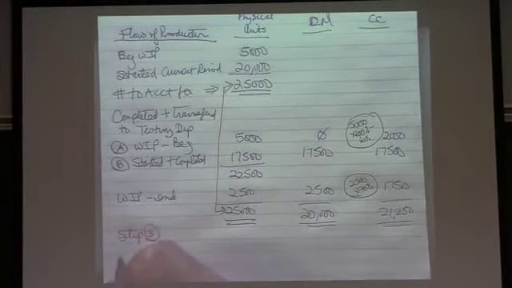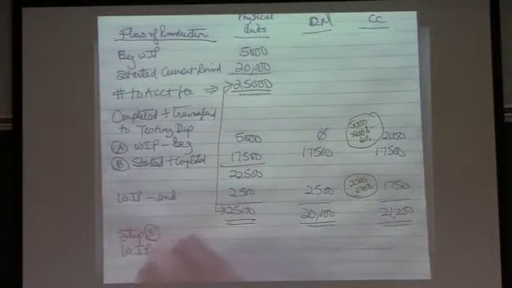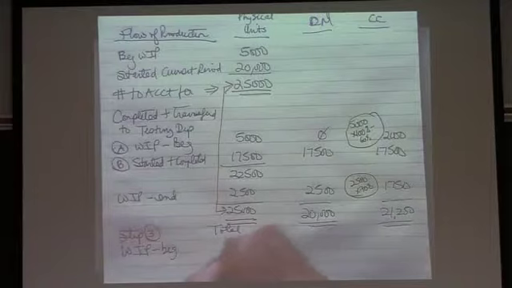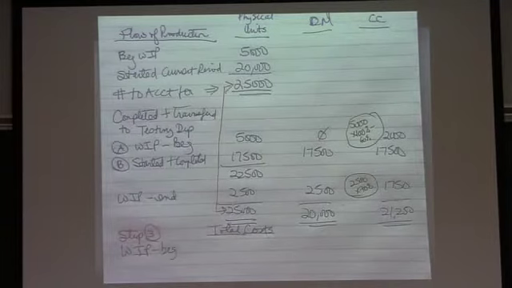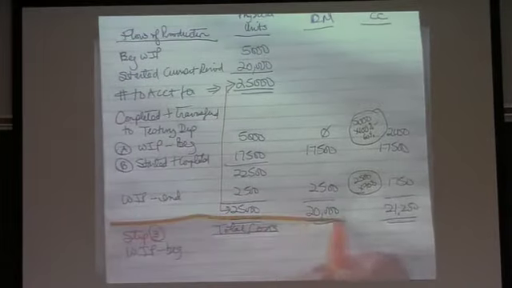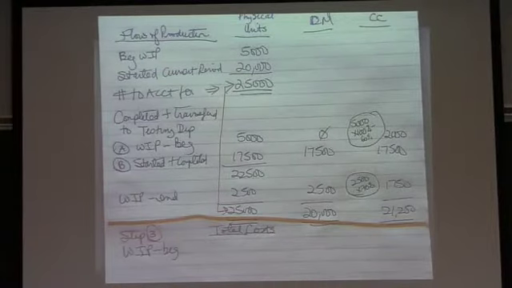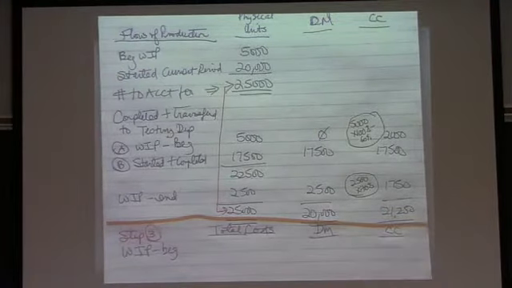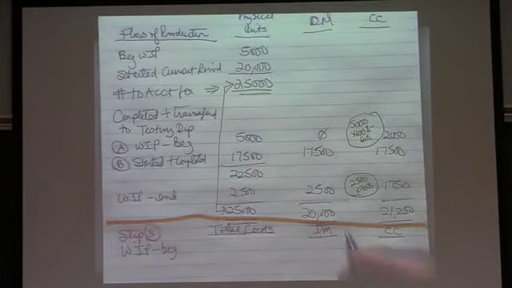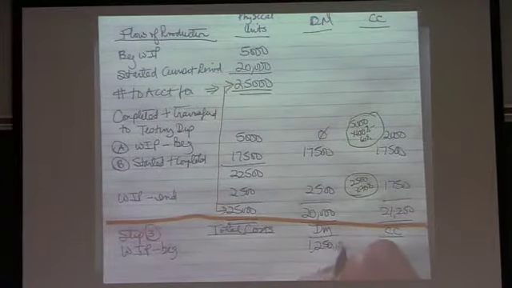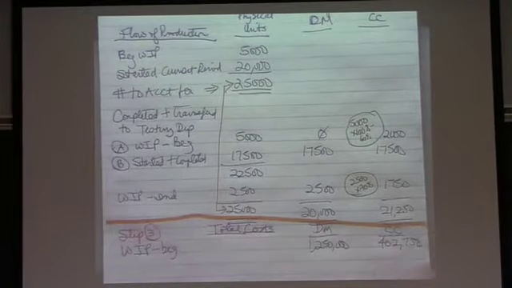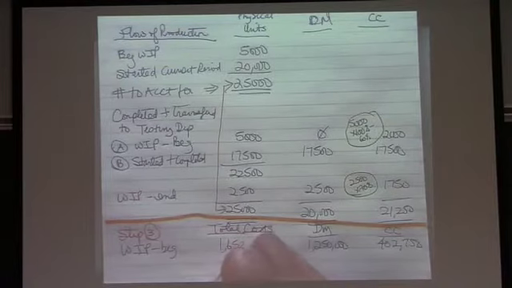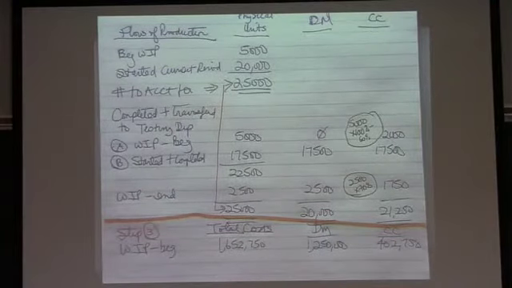So we know that the beginning work in progress had direct materials, given to us, of 1,250,000. Conversion cost of 402,750. The total is 1,652,750. That would have been the balance in the T account.